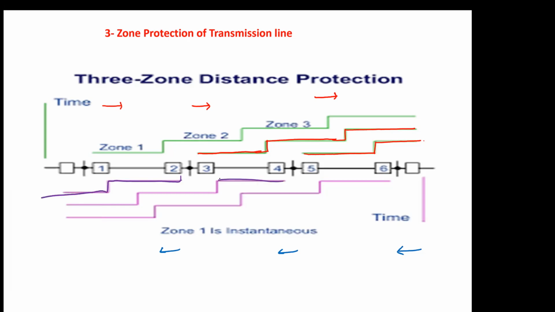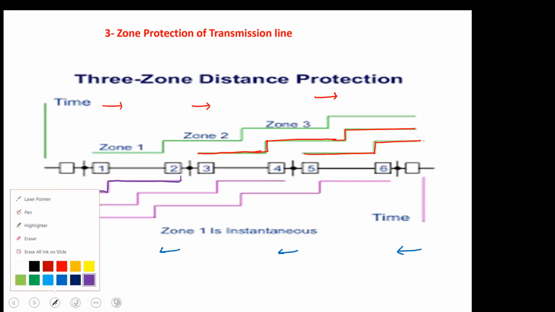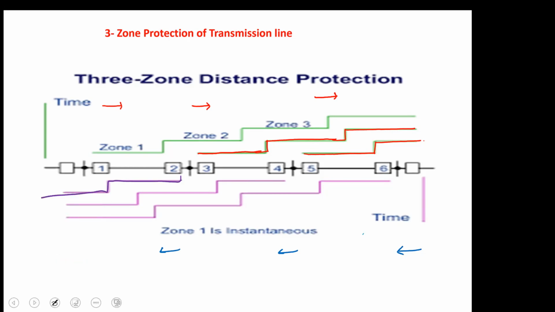This is zone 1, the second step is zone 2, the third one is zone 3. Understand? In the backward direction, every relay will cover only 5%. So this is the 3-zone distance protection scheme.